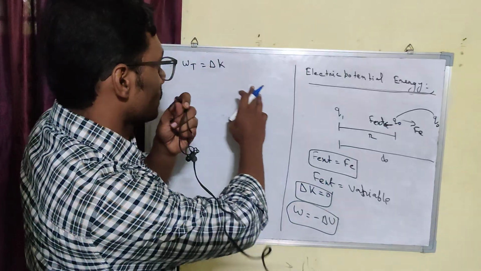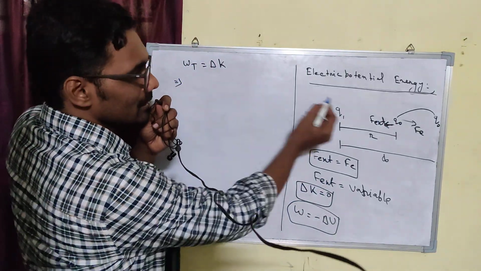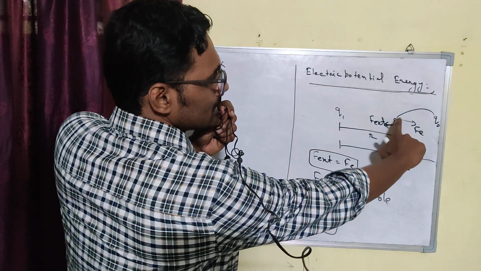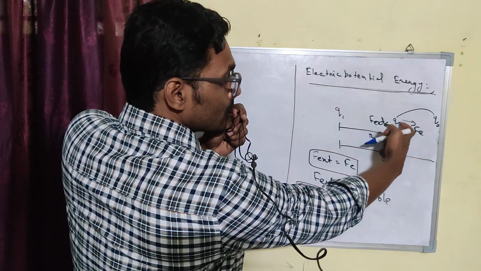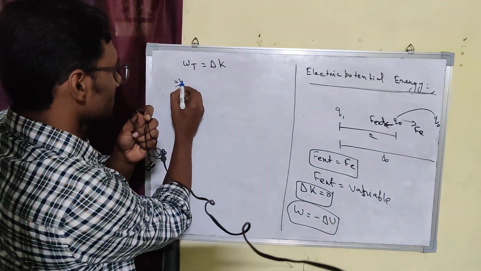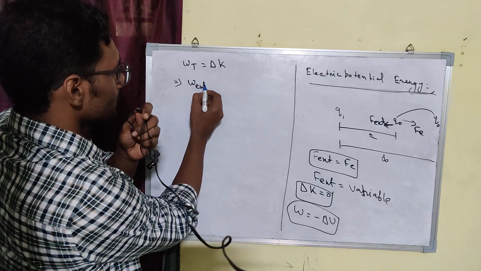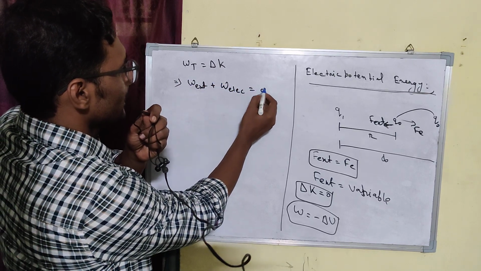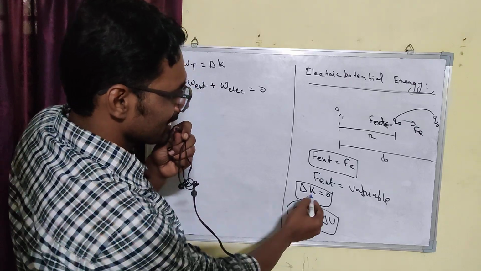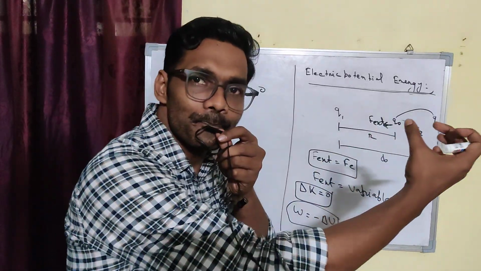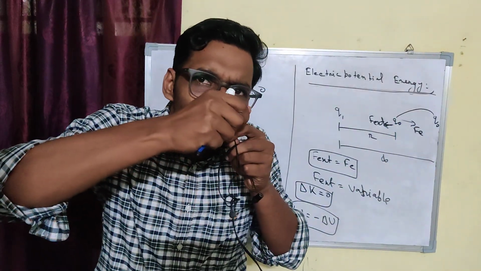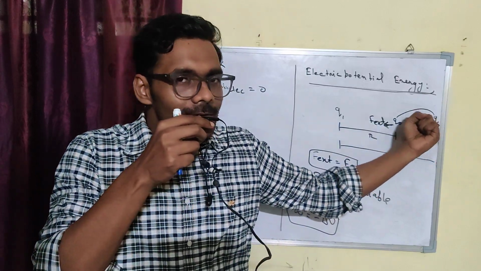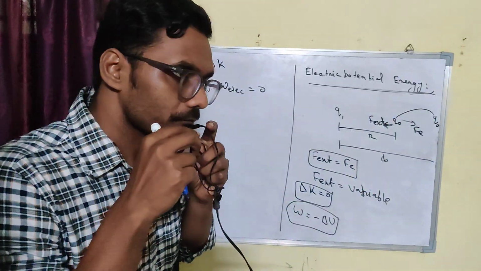Total work done: there is some electric work done in this direction, and to counter that, external work is done. So electrostatic work plus external work is equal to the change in kinetic energy, which is going to be zero because we are pulling so slowly, taking that test charge very slowly.